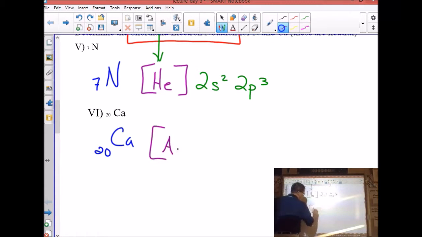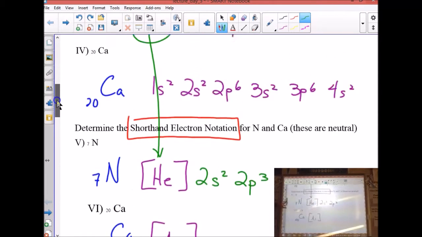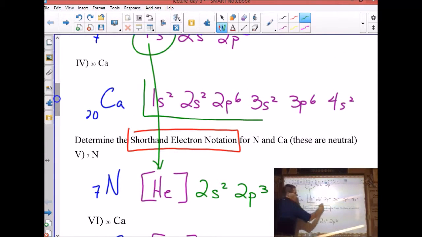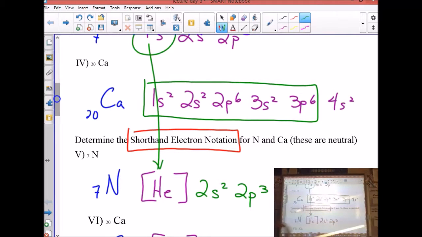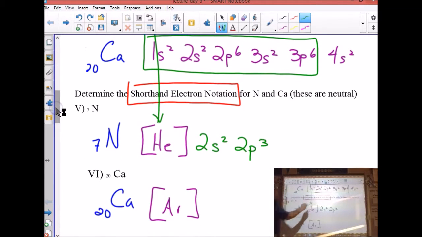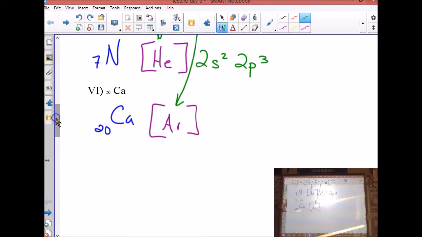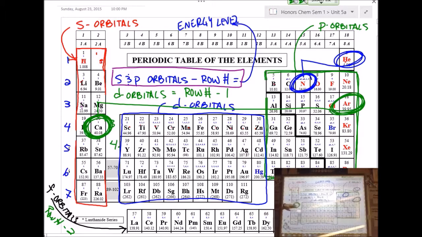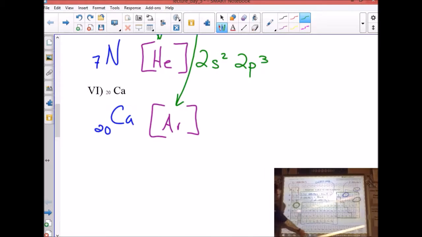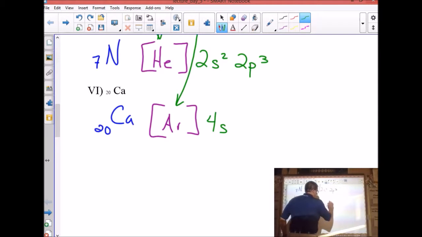So we said argon, right? And what that represents, now listen, is all of this when you do argon, because it represents the filling up of the 1s orbital, the second energy level, and the third energy level, which in this case is rows 1, 2, and 3. And then we start in the same row that that element's in, which in this case is 4s. So 4s2.